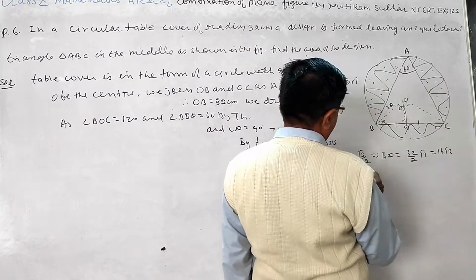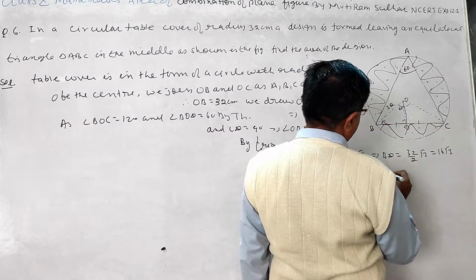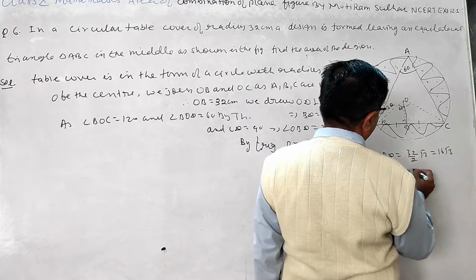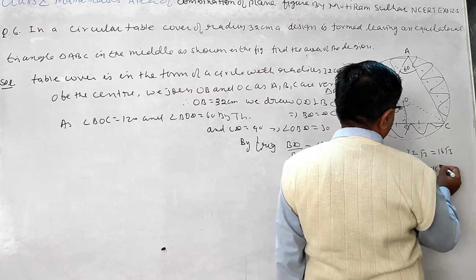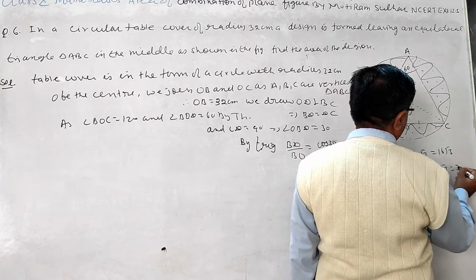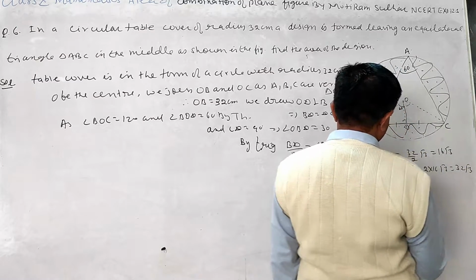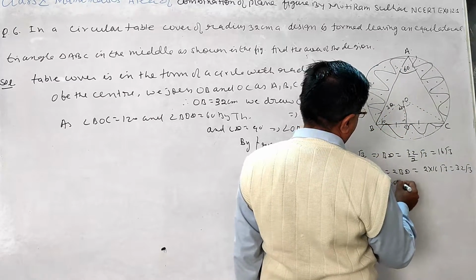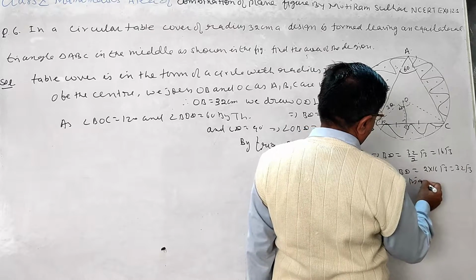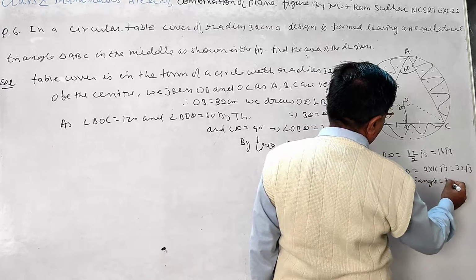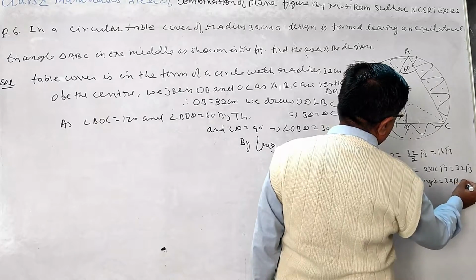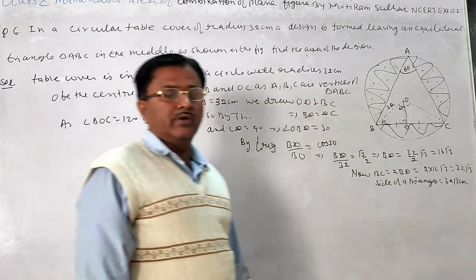Now you know that BC is twice of BD. So 2 into 16 into root 3. So dear student, you get BC, that is the side of a triangle. So we get the side of the triangle is 32 root 3 centimeter.